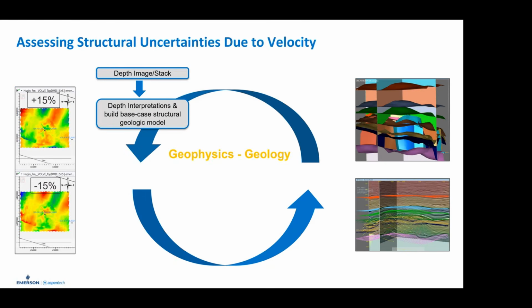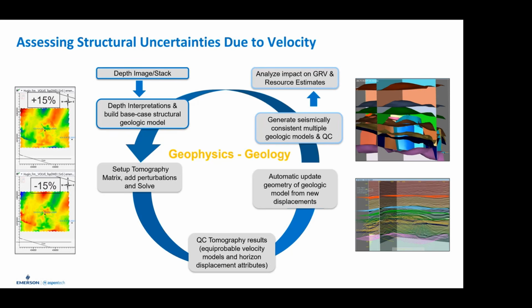If we feed the system with different perturbation maps, what is going to be the output and what else can be done with that? First of all, we start with a depth image stack, with some depth interpretation done on those stacks, with the velocity obviously used for that. We're going to set up the tomography matrix, add the different perturbations that I'm going to show you a bit later, QC the results, and automatically update the geometric geological model from the new displacement.